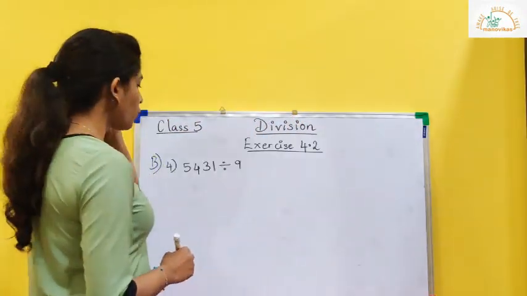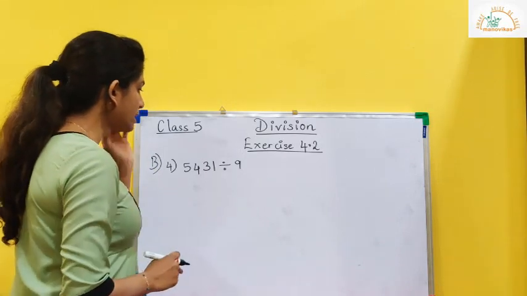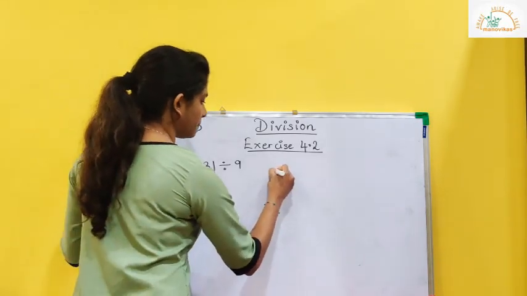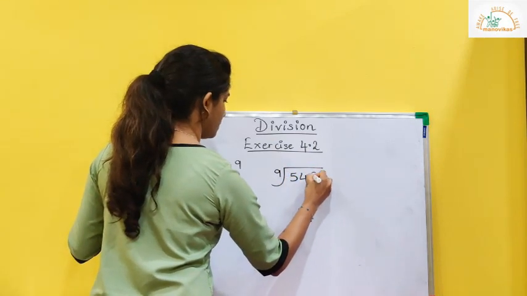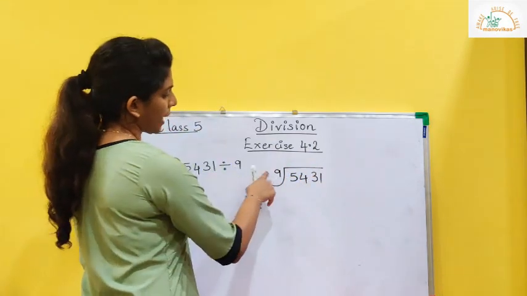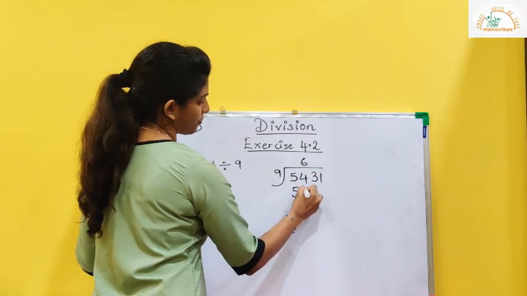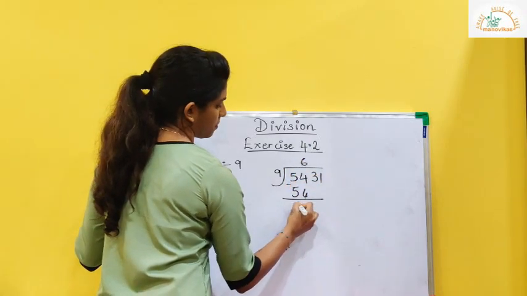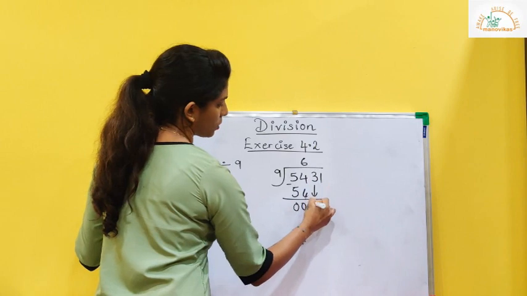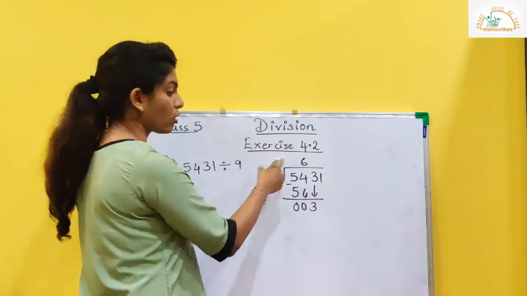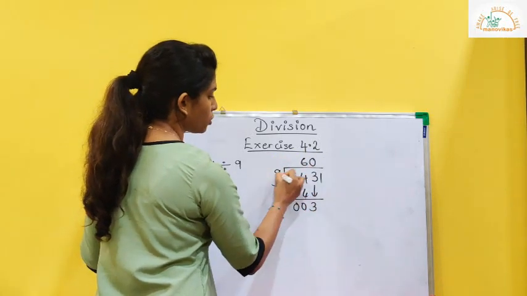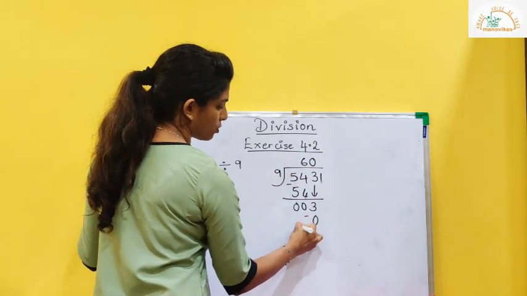Okay. Now let's solve the fourth sum. 5431 divided by 9. So 9 6s is 54. We get 0. Bring down 3. Now 3 is smaller than 9. So I add 0 here. So 9 zeros are 0.